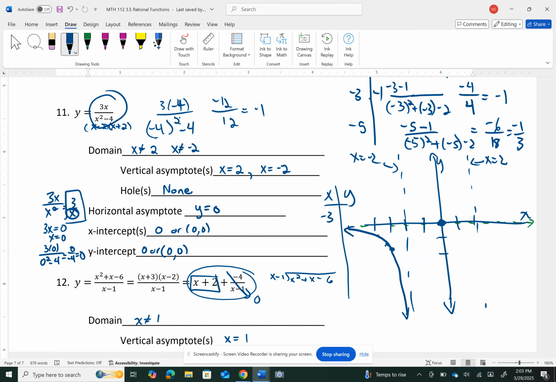Now I need to see what's happening in between the two asymptotes. So now I'm going to go in and maybe plug in a -1, and then I'll plug in a +1. If I plug in a -1, I get a -3, and then +1 minus 4 would be -3. So when I'm at -1, I'm going to be up here at 1. Okay.